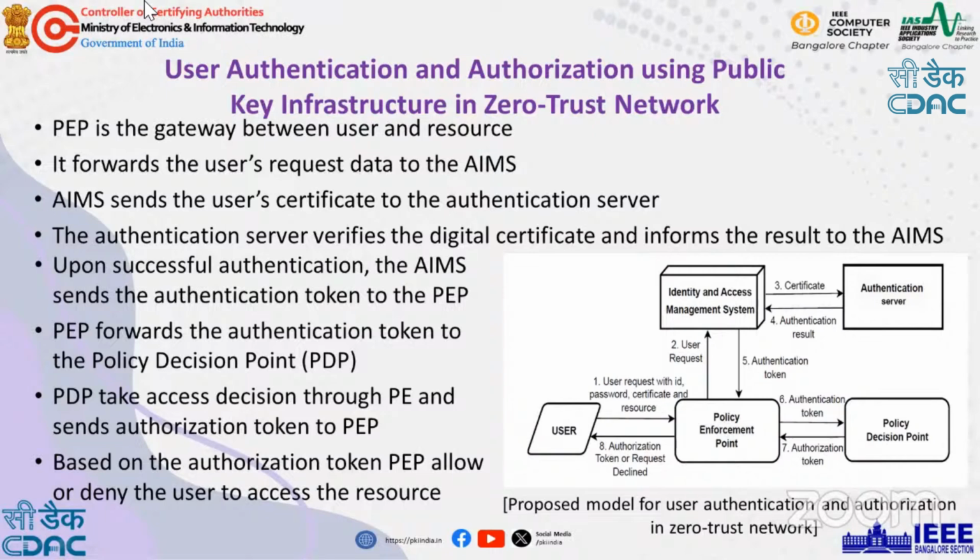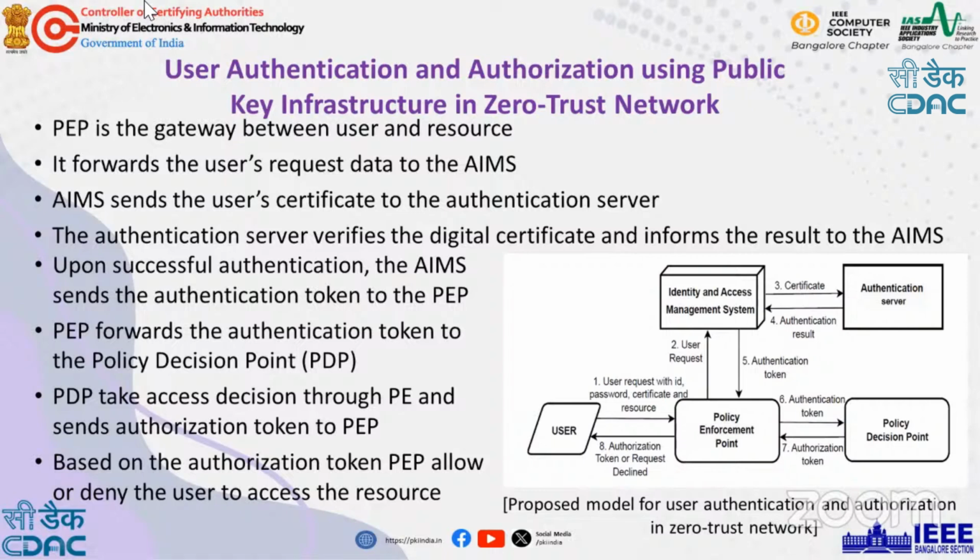Then inside the policy decision point, as I told, there is a policy engine which evaluates the access decision on user details. It takes the access decision, creates an authorization token on that, and sends it to the policy enforcement point.